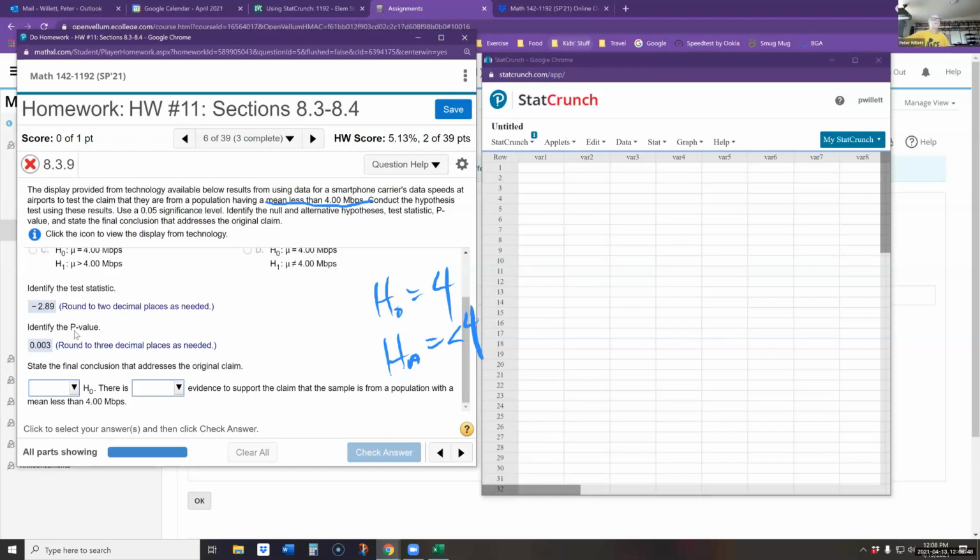So the p is definitely lower than alpha. So therefore, we reject the null hypothesis, because the p is low, the null must go. We reject it. And that means there is sufficient evidence to support the alternative claim that the sample is from a population with a mean less than 4 megabits per second.